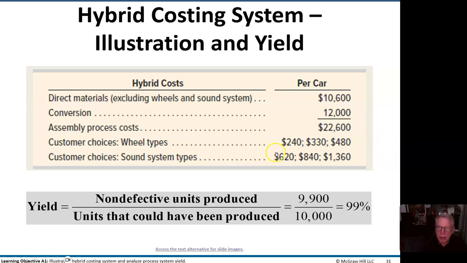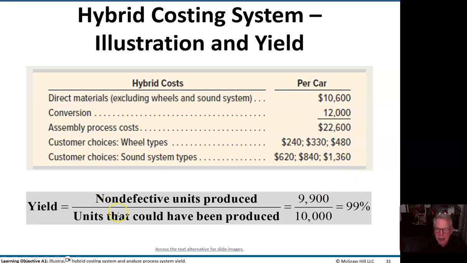And the customer gets a choice of what wheel types they want to use. And they vary from $240, $330, and $480. Customer gets some choice of sound system too, and they vary from $620 to $840 to $1,360.